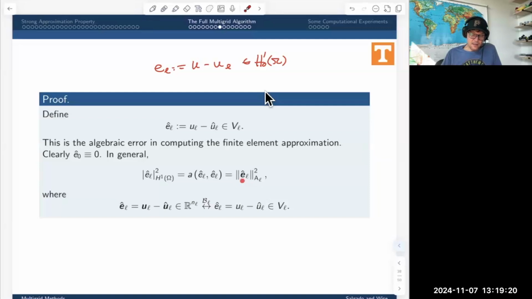And EL is the set of coordinates for this difference vector here. So this difference function, EL hat, the bolded vector, is going to be my coordinates in the basis BL for that algebraic error. This is an easy thing to show. I'll leave that to you as an exercise to work it out. But I hope you see it's not too hard.